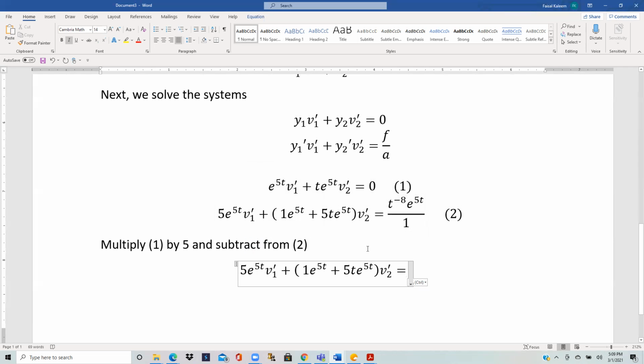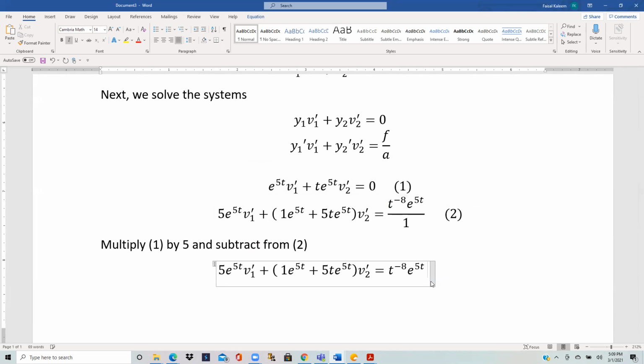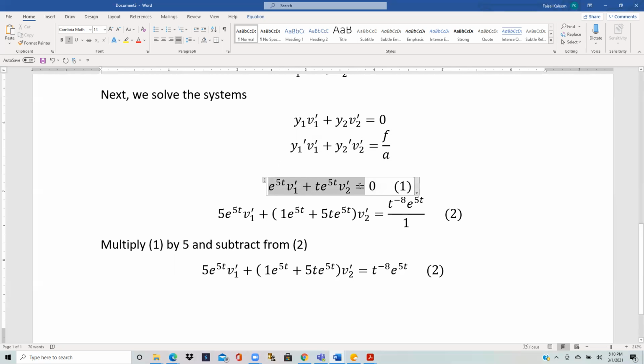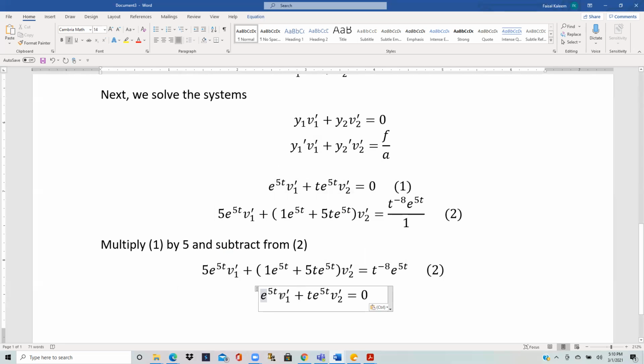So this is 2. And when you multiply this one with 5, you will get 5 here, and you will get 5 here, and 0 times 5 is 0.